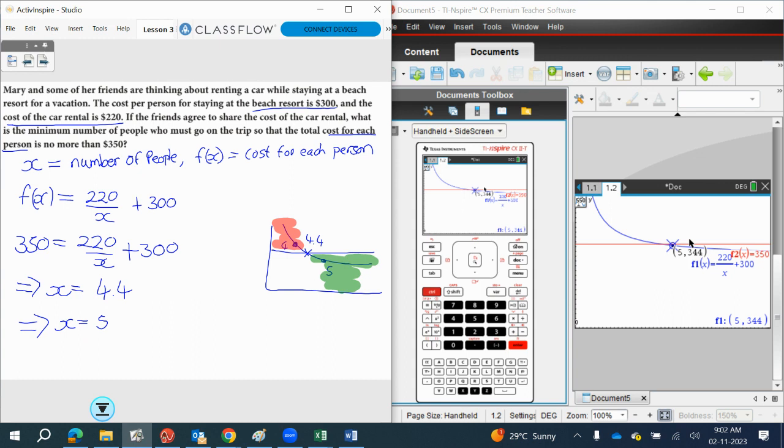So we will answer with a wordy answer: when 5 people go, the cost per person is $344.